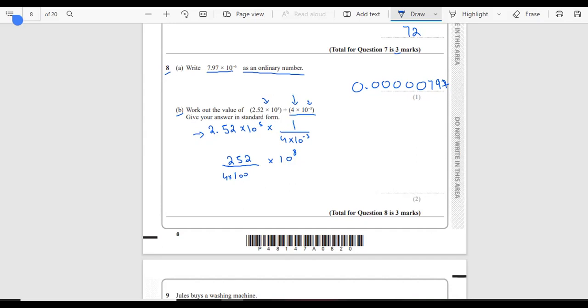So whatever I had in the numerator, I've taken to the denominator. Now I had written 252 divided by 100 so that I do not have the decimal initially. And then I have 10 to the power 8. So I can cancel this 100 and this is 63, right? Since a calculator is not allowed, you would be able to do this cancellation. So it is 63 multiplied by 10 to the power 6, since this would be 6.3 multiplied.